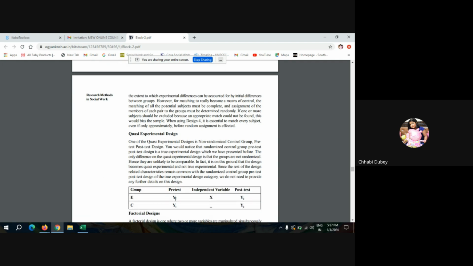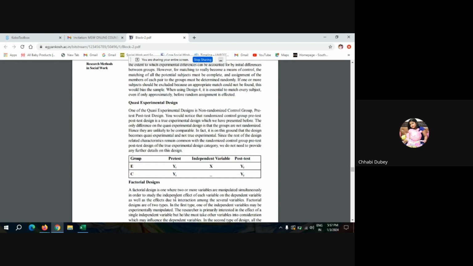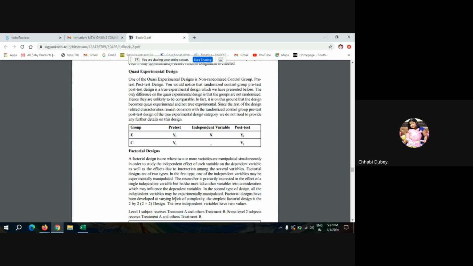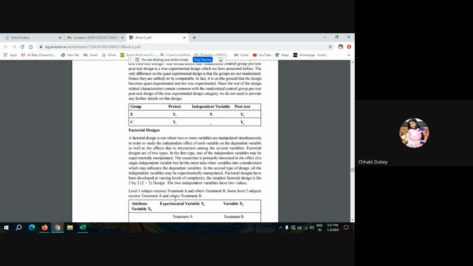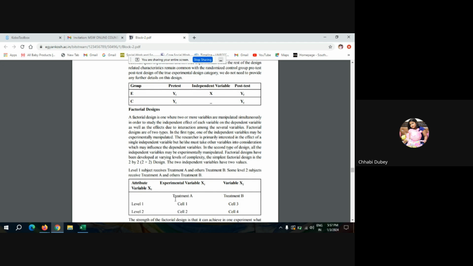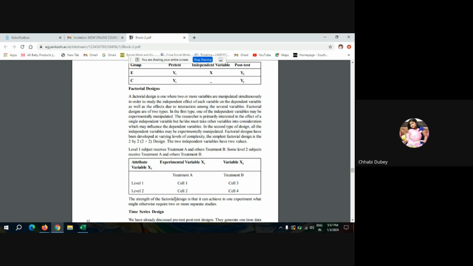After this, we come to the quasi-experimental designs. We have already seen the quasi-experimental designs in the first chapter. Then there are factorial designs where we take different factors. Factorial designs are generally not very common in social sciences, especially social work. You will find them more commonly in physical sciences, although certain studies are now employing factorial designs as well.